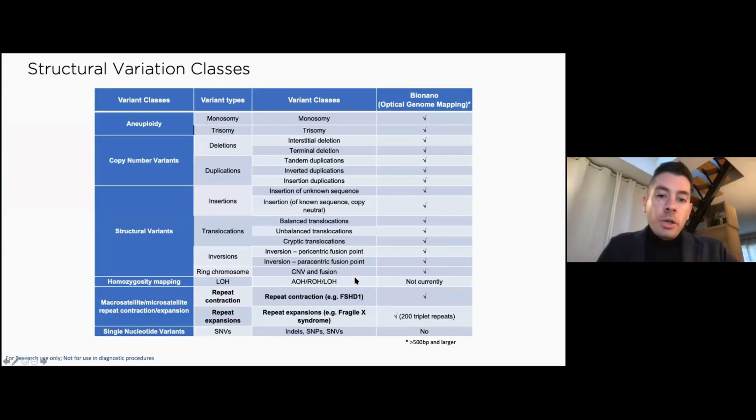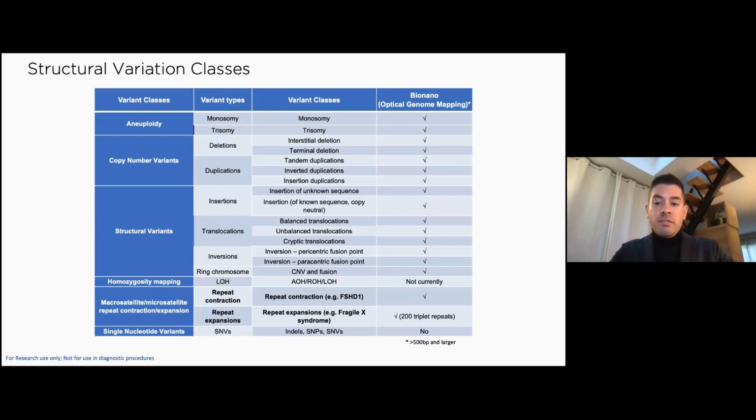And here are shown the different structural variation classes which are detected by optical mapping. So we just saw whole chromosome changes with monosomies and trisomies, CNVs, whether they are terminal or interstitial, duplications for which we also give you the insertion site of the duplicated fragment and its orientation, information that is missing from array approaches, insertions, inversions, pericentric and paracentric, and of course, no problem to detect balanced or unbalanced events like translocations.